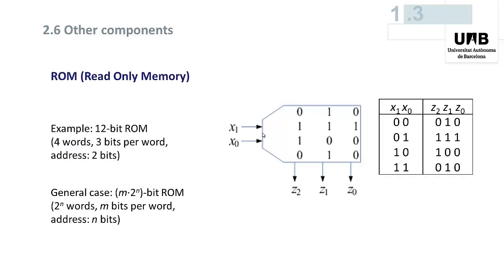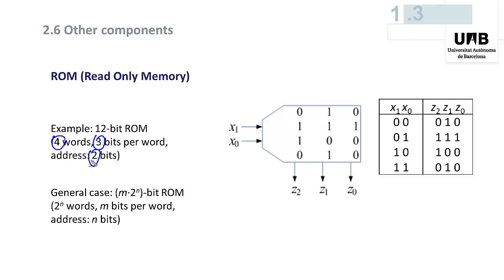Now let us give an example of a much larger component, namely a read-only memory. As an example, consider a 12-bit ROM that stores 4 words. Every word has 3 bits, and for that we need 2 address bits.